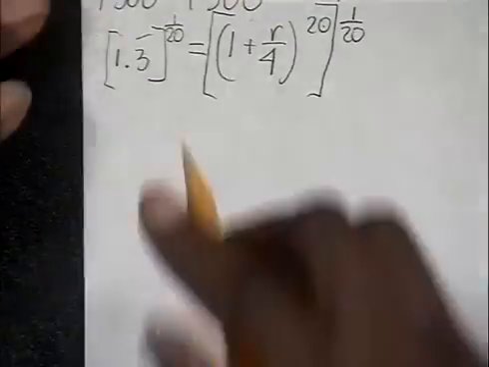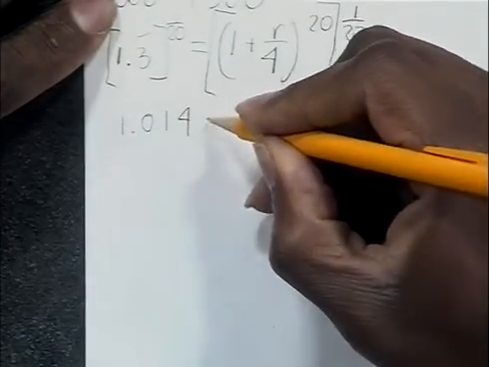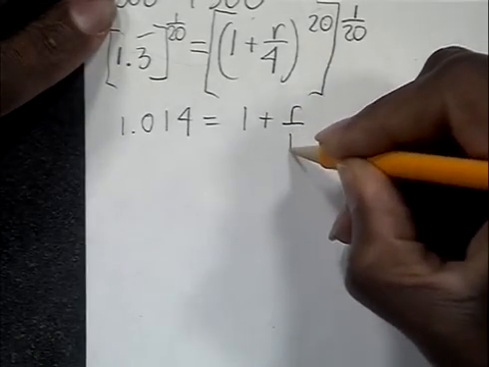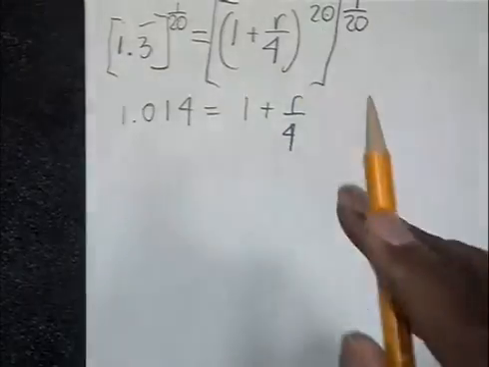All right, so we end up with 1.014 is equal to 1 plus r over 4. Raising it to the reciprocal got rid of that exponent 20.